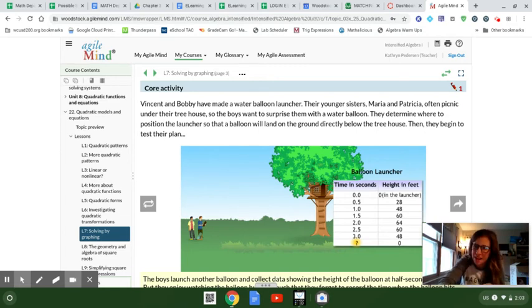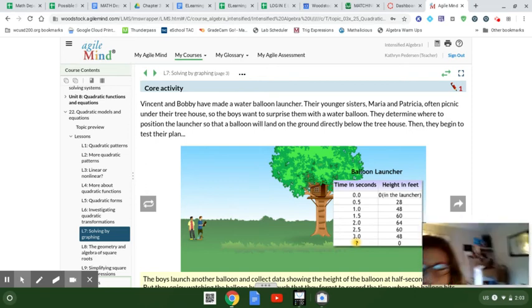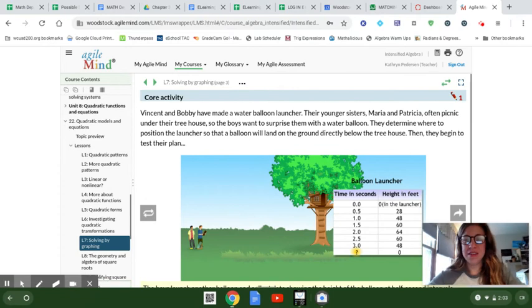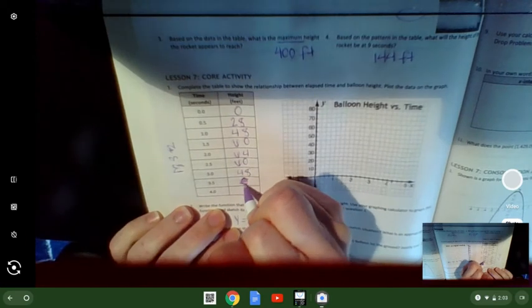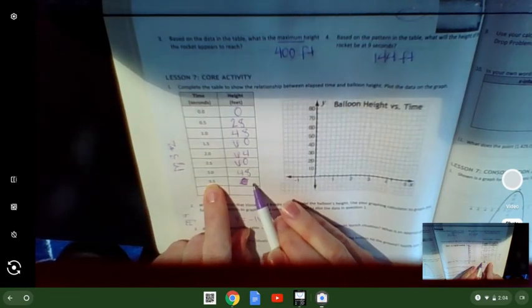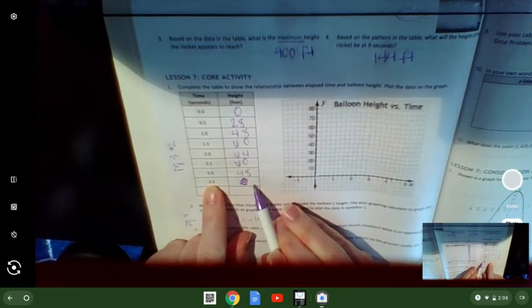Actually, I'm going to flip this back over. I want to make sure that you have yours filled in through a time of 3. I'm going to flip mine back over. Here we go. I kind of crossed this one out. Is 3.5 really going to have a height of 0?